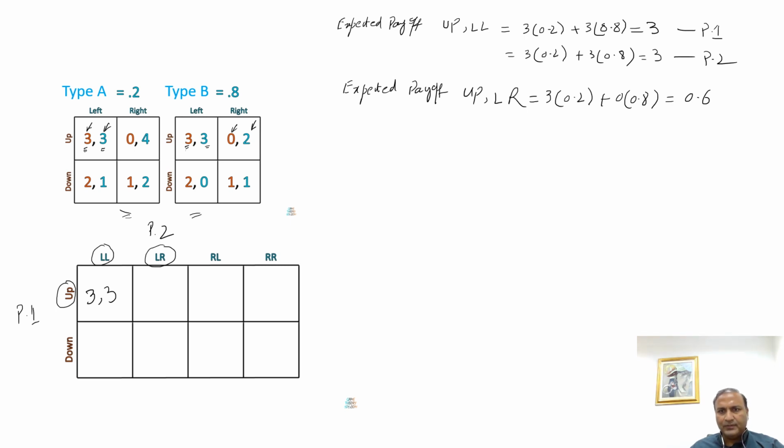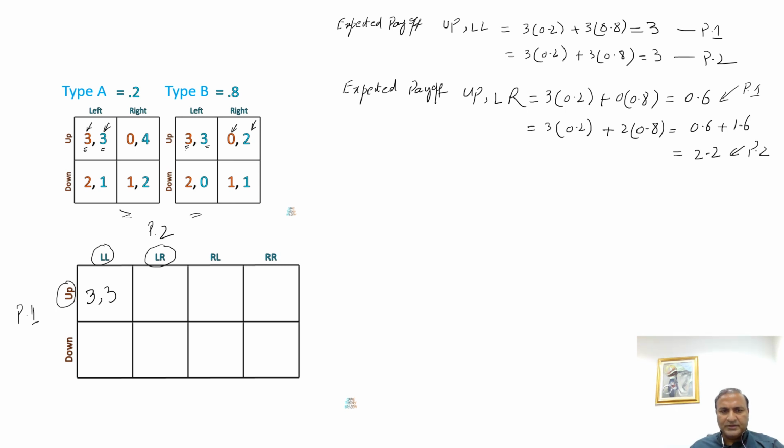It will be equal to 3 times 0.2 plus 2 times 0.8. So how much does he get? He gets 0.6 plus 1.6. So the answer will be equal to 2.2. So this is the payoff for player number 1, and this is the payoff for player number 2.